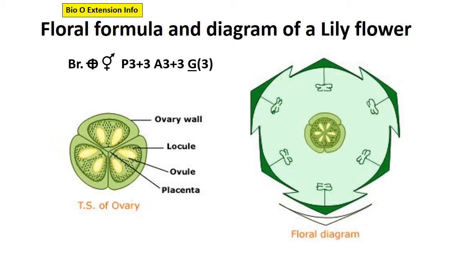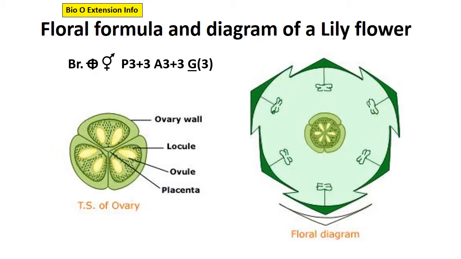Now this is the floral formula. In this special case, the lily has tepals because we can't differentiate the petals from the sepals. So usually we put 3 plus 3. The 3 plus 3 also means that they come in different layers. In terms of the whorl, 3 are on the outer ring and 3 are on the inner ring.